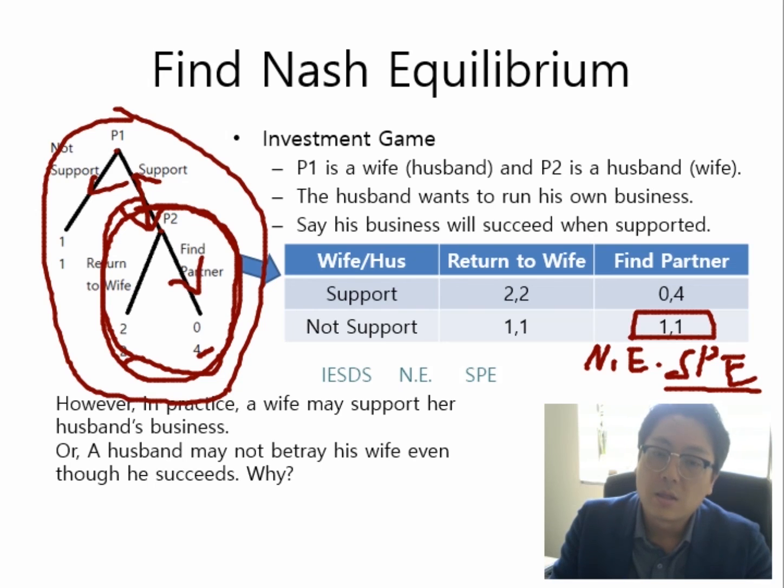Then Nash equilibrium is a subset of IESDS because in some IESDS the strategy profile is a Nash equilibrium. In the same sense, SPE is a subset of Nash equilibrium. Some Nash equilibria are not SPE. Between those two, because SPE is using information about order, it is more credible information than the Nash equilibrium. Okay?